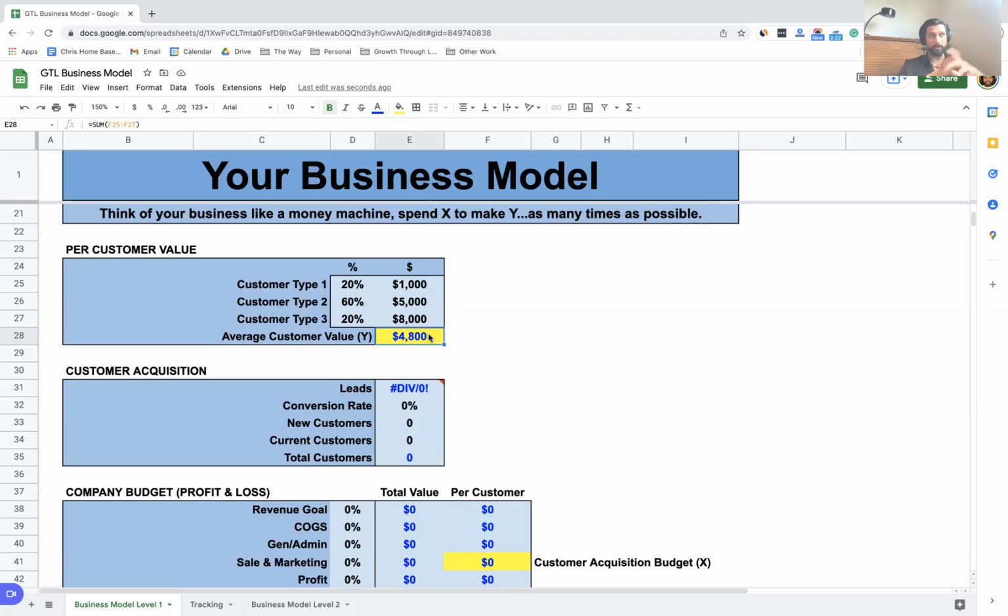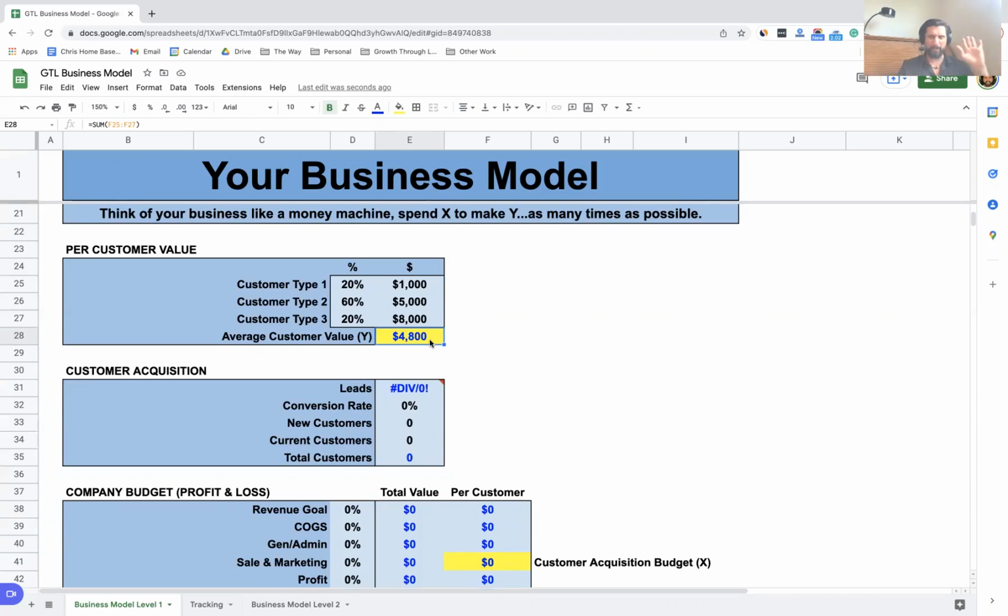If the lifetime value of your customer is like 10 years, I can't afford to pay that much up front to retrieve money over the next 10 years, right? So for average customer value, I really like to stick with the first year value of that customer. But again, you can play with this, and I left it intentionally very vague, average customer value, so you can go with whatever direction you feel comfortable with. I like first year. So let's say our average customer is worth $4,800 in that first year, and additionally in the second year. When we get into modeling level 2, we'll start to get into some of the more advanced stuff like that.